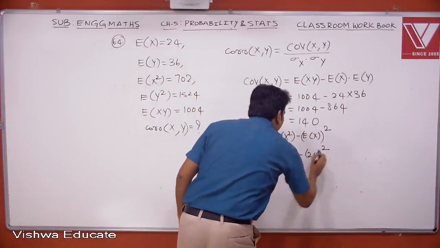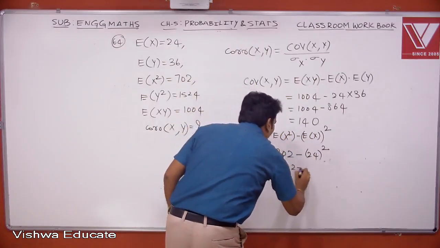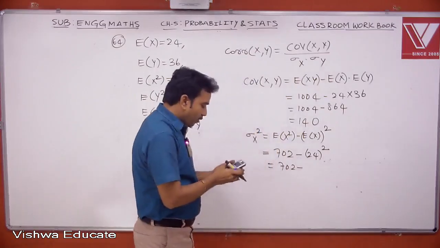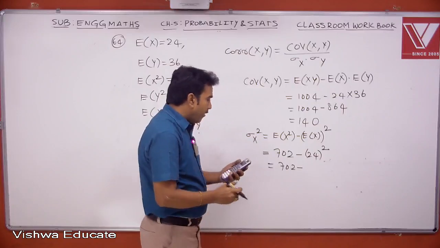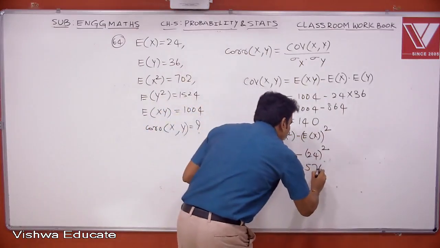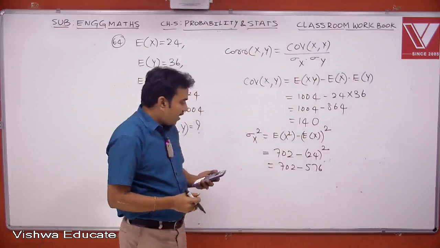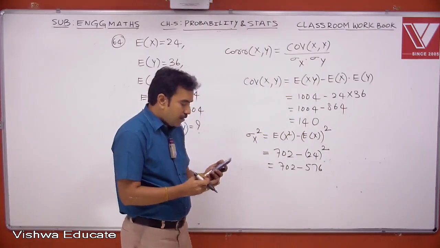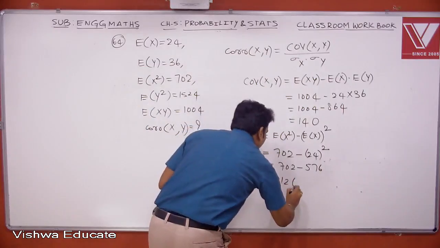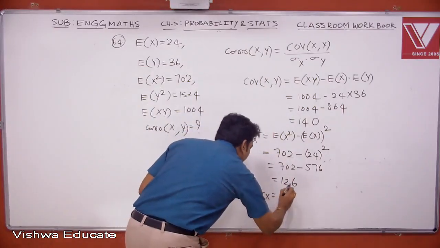So 702 minus 24 squared, which is 576. So we need 702 minus 576, and this is 126. Therefore, sigma x is the positive square root of this.